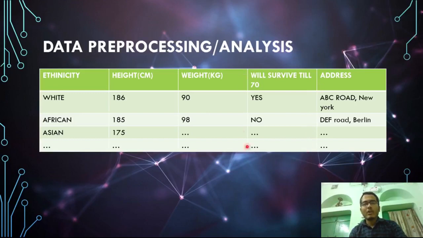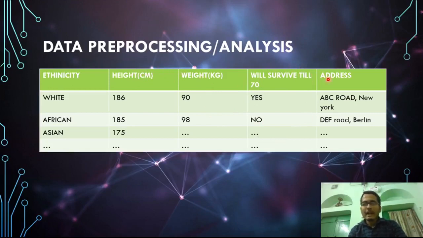Suppose for the AI model which we will make, there is some future, unknown row whose ethnicity, height, weight, and address we give to the model, and we have to predict. The AI model will predict whether the person can live till 70 or not. That will be the main function. So this will be the y column, and the other columns will be the features, x1, x2, x3 and all.